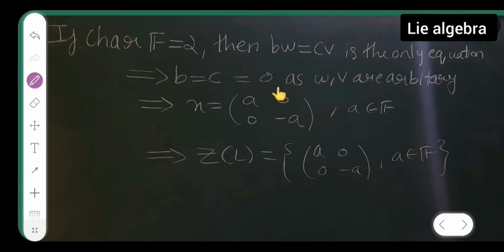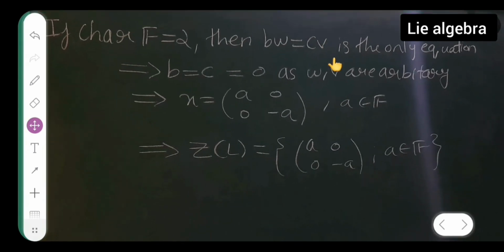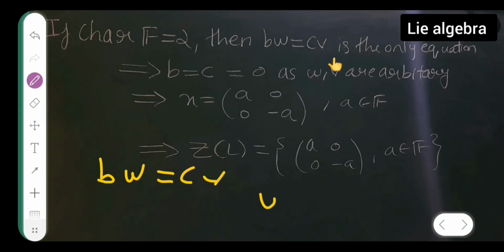Now if you put W as 1 and V as 0, I'll show you all here. BW is equal to CV. If I keep my W as 1 and V equal to 0, what am I going to get?